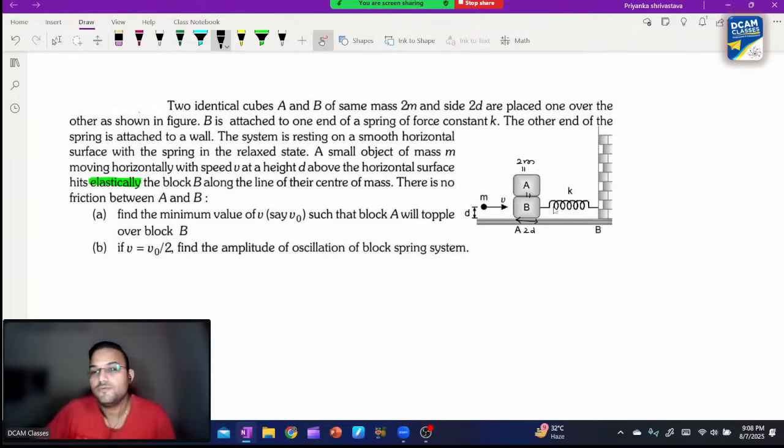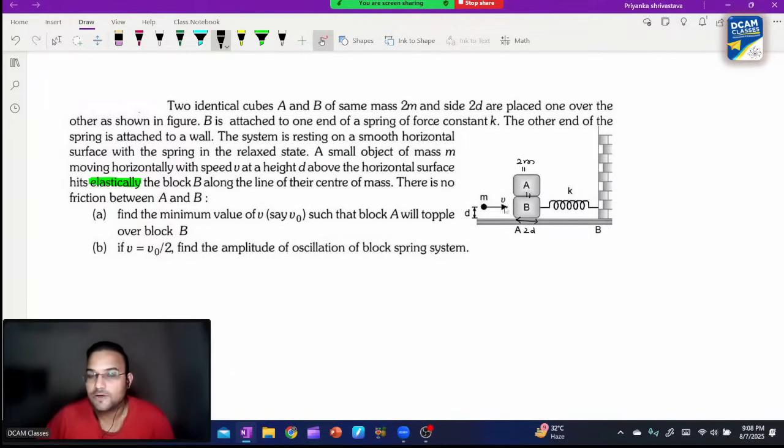Let me explain what is happening. Between A and B there is no friction, and between B and the surface there is no friction. This mass m will collide with B with velocity v. We do not know the outcome, we only know that the collision is elastic.